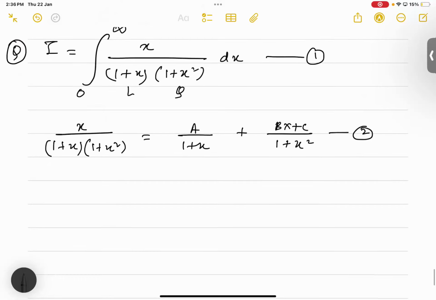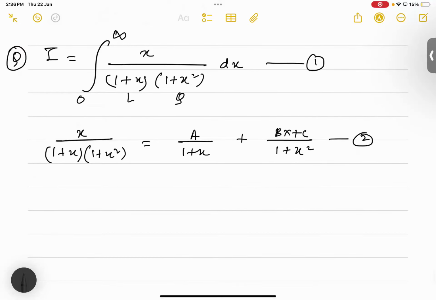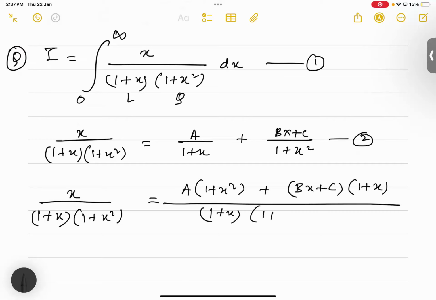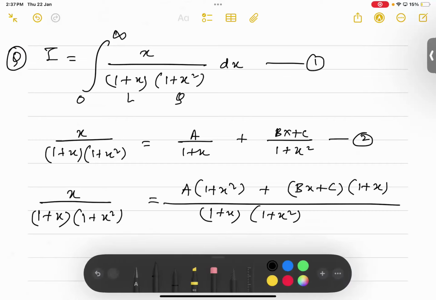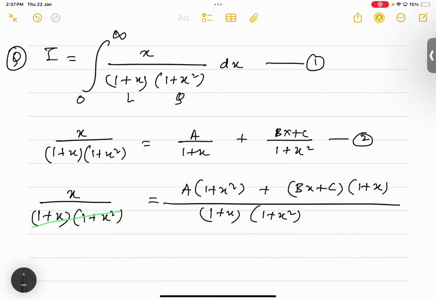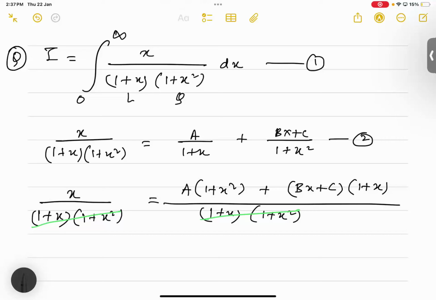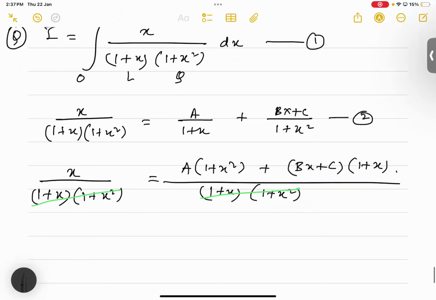Okay. x equals A into 1 plus x square, put bx plus c also within the bracket, 1 plus x. This is gone. Right? Equation number 3.